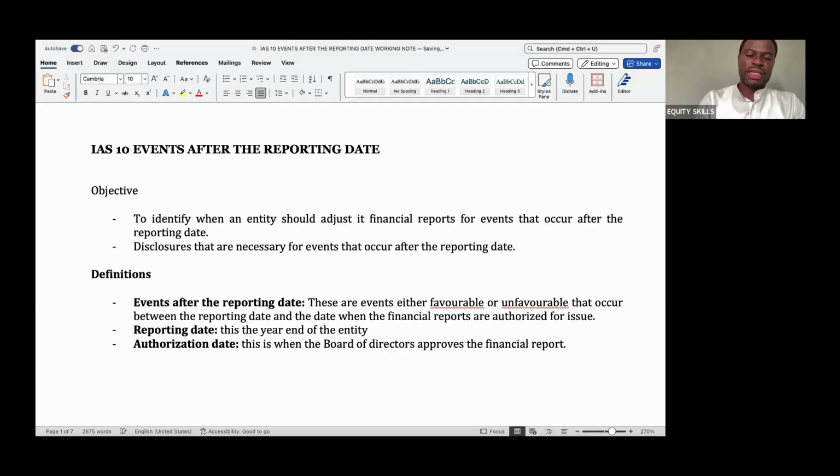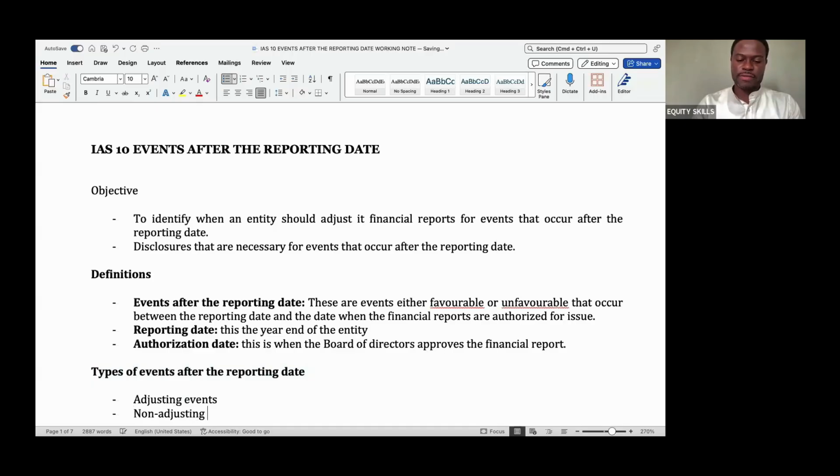Now, there are two types of events after the reporting dates. We have adjusting events and we have non-adjusting events.